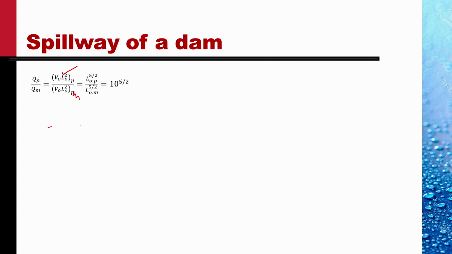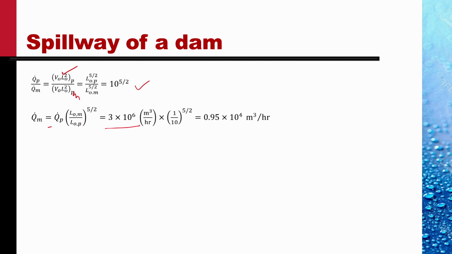And this gives you 10 raised to the power 5 by 2. So given that the volume flow rate of the prototype is 3 million meter cube per hour, we obtain the volume flow rate in the model should be about 1/100th, or a little less than 1/100th, of the flow rate in the prototype. Thank you.